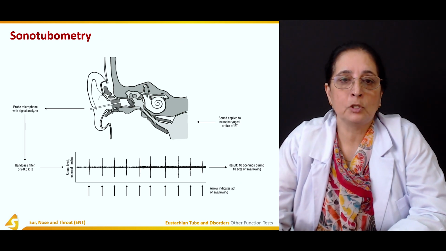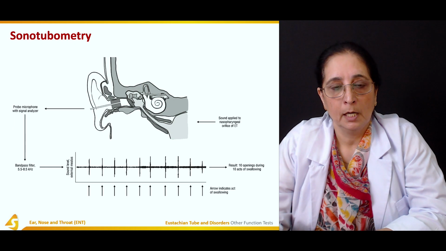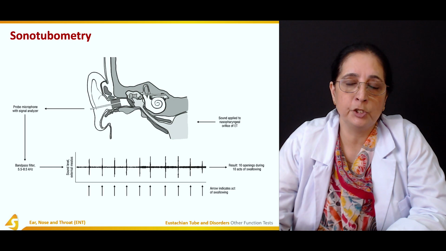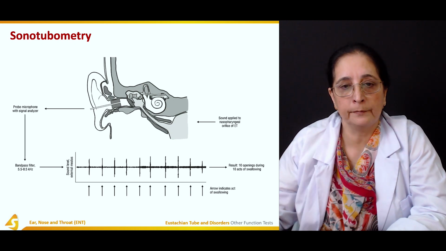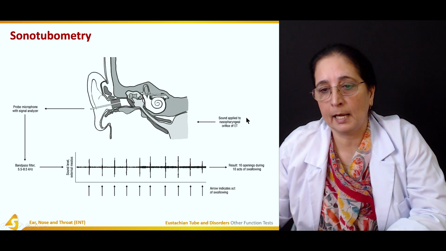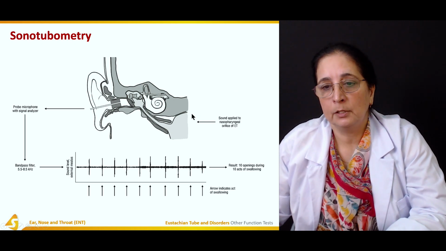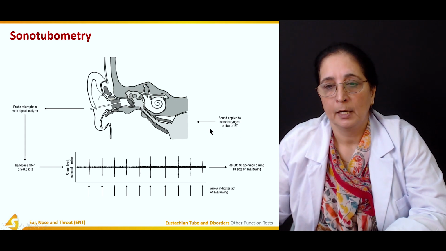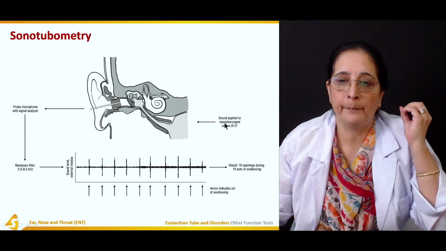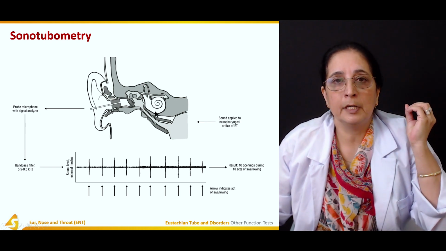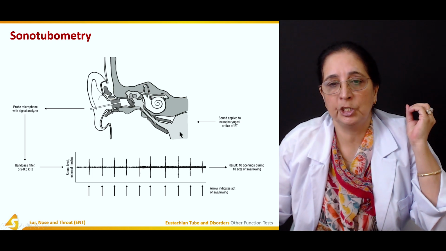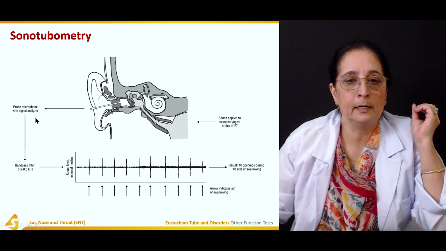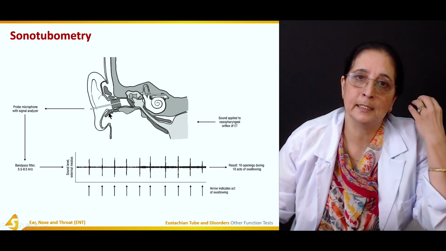Then another test is sonotubometry. Sono is for the sound, and tubometry is for the recording of the tube. In this, a sound is applied to the nasopharyngeal orifice of the Eustachian tube, and we put a probe microphone with a signal analyzer on the external ear.